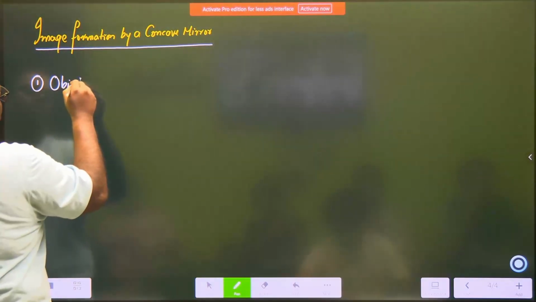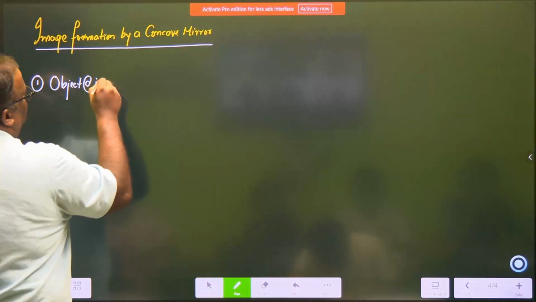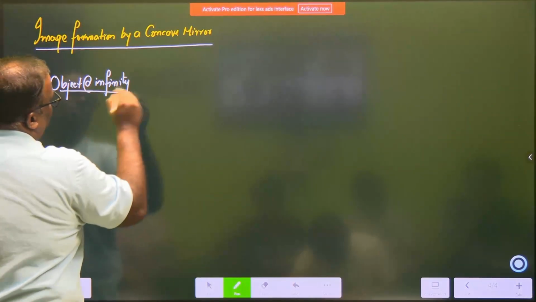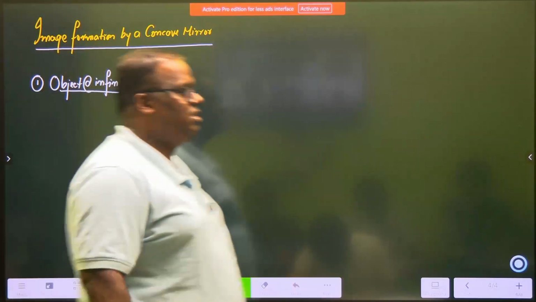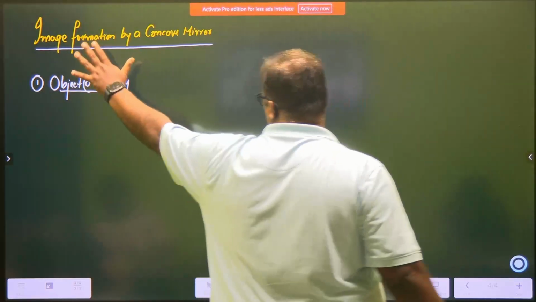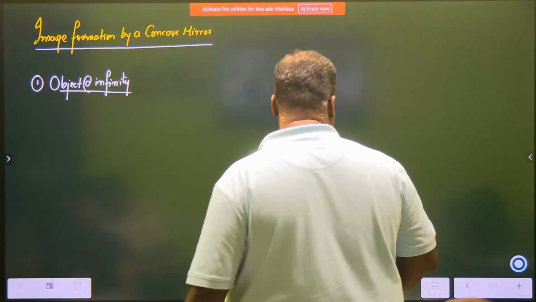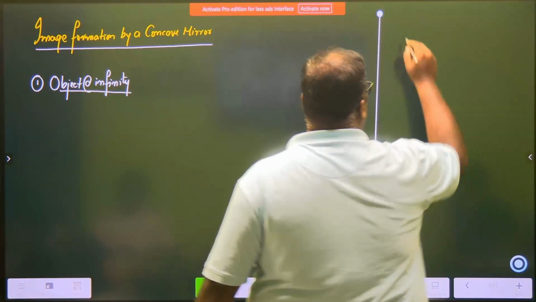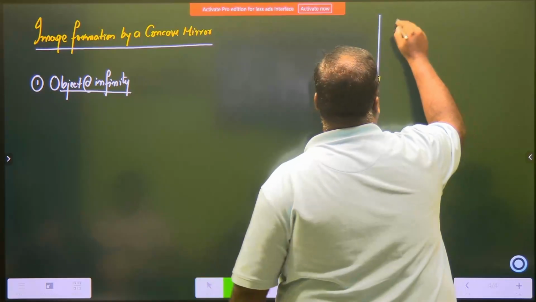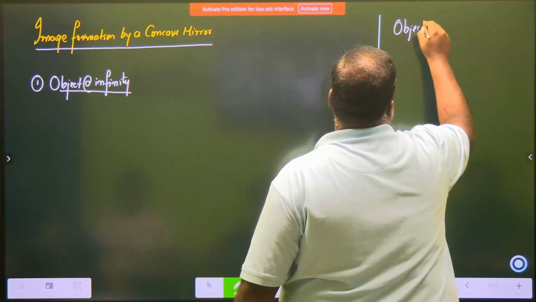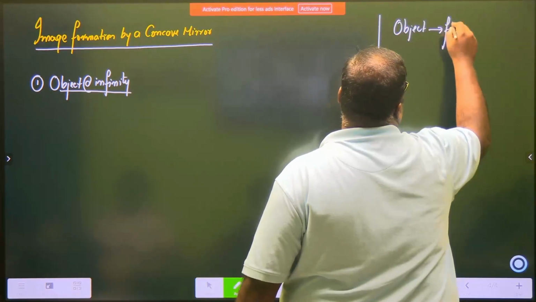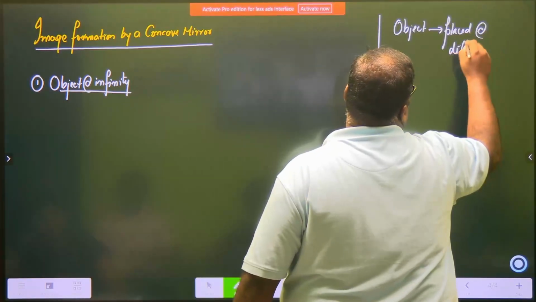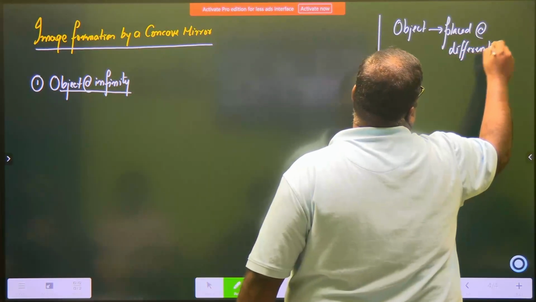Number one: object at infinity. Object at infinity means the object is placed at infinity. When we do image formations, children, don't just gulp it. What we are going to study is, we will have an object, and this object will be placed at different positions.